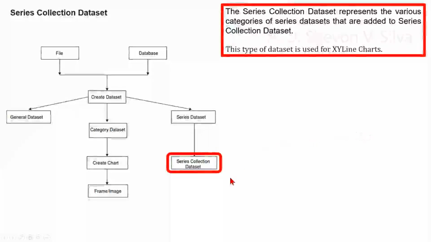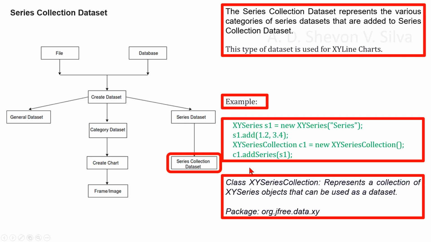Now we are focusing on series collection dataset. The series collection dataset represents the various categories of series datasets that are added to the series collection dataset. This type of dataset is used for XY line charts. As an example, we can consider this code segment.